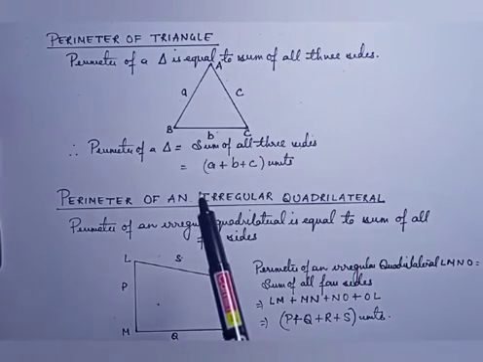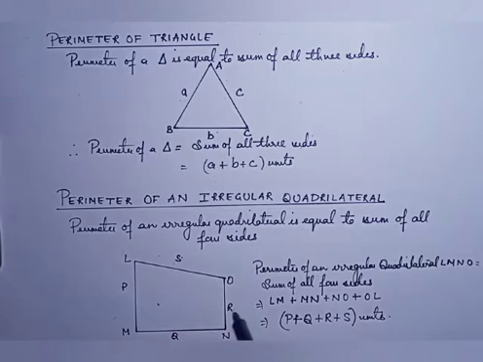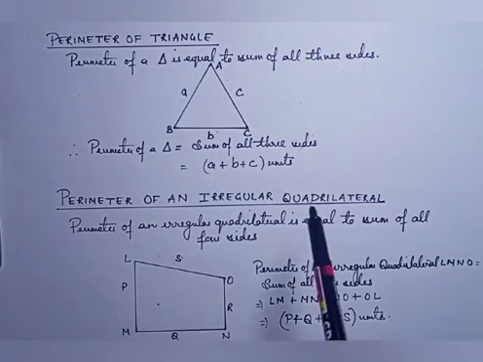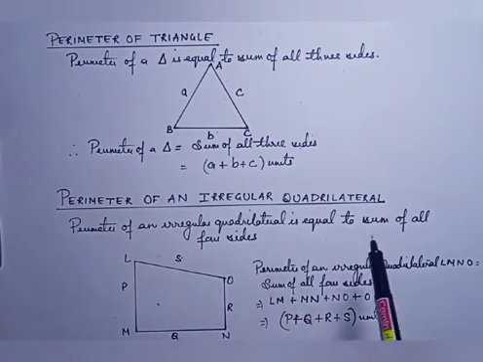Let us move to another topic, that is perimeter of an irregular quadrilateral. So what is a quadrilateral? I have already told you before, any figure bounded by four sides and having a straight line, as well as it is a flat and plane figure, then it is called a polygon. So quadrilateral is also called a polygon. So perimeter of an irregular quadrilateral is equal to the sum of all four sides.